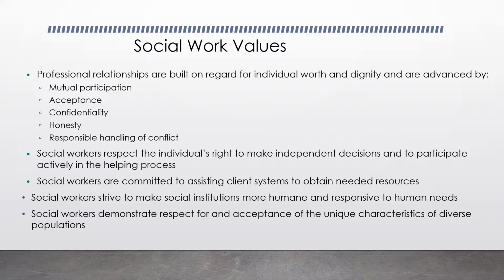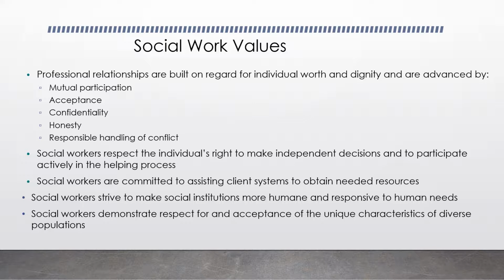We strive to make social institutions more humane and responsive to human needs. This is part of our social change goals, right? We're not just trying to help individuals or help them necessarily access resources. We also want to impact their environments, and we want to impact their communities and larger social policies that are unresponsive to human needs, right?